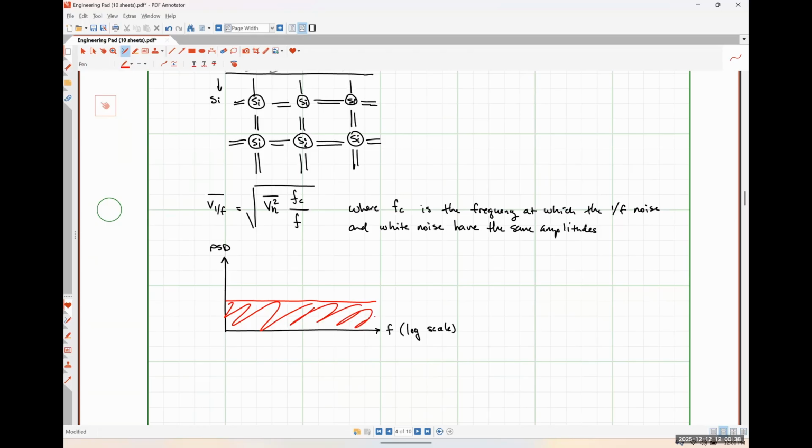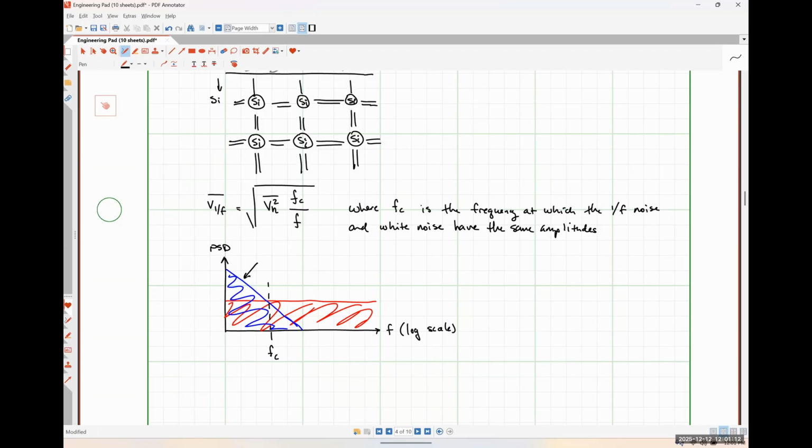So fill that in. Our 1 over F noise, let's do that in blue, might be something like this profile. As frequency increases, our 1 over F noise goes down. And this point right here is our corner frequency.